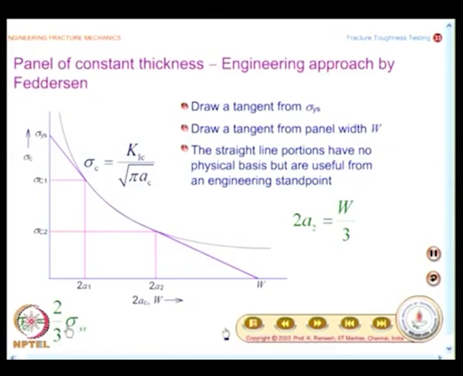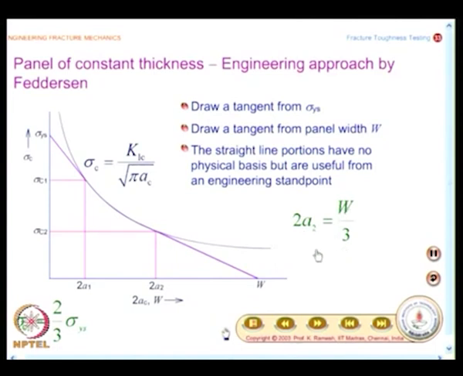It was 2/3 sigma ys, less than that. So, it should happen only in this region. So, you want to preclude what happens in this region, and if you draw a tangent from W, you have this as the corresponding point as 2a2 equal to W/3.